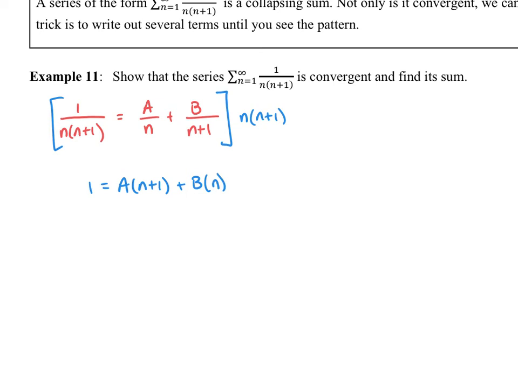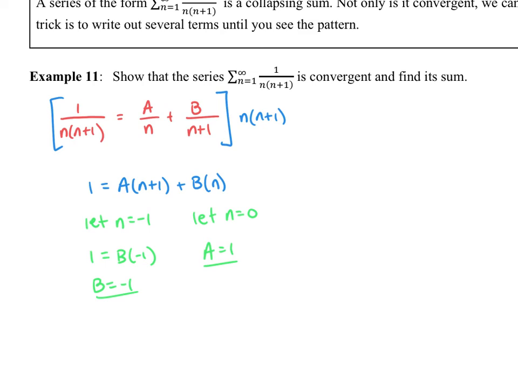We will go ahead and let n equal negative 1. So we get 1 equals b times negative 1. So b is negative 1. And we're going to let n equal 0. And if that's the case, then a equals positive 1.